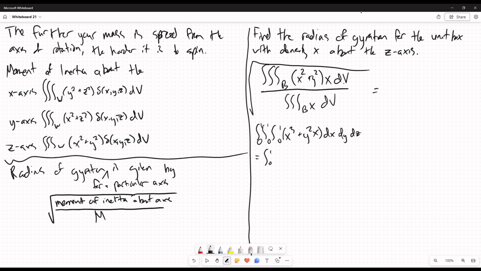So that's going to be the integral from 0 to 1, the integral from 0 to 1 of x to the 4th over 4 plus x squared y squared over 2, integrated from 0 to 1, dy dz. This will just be 1/4 plus 1/2 y squared, dy dz.